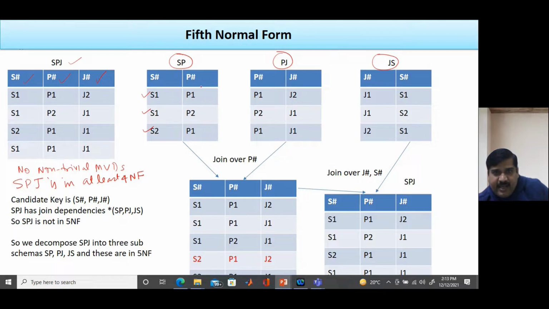Now if we join these two subrelations over P number, which is common in both, then we get this table.